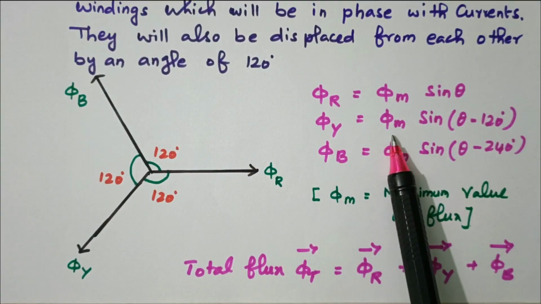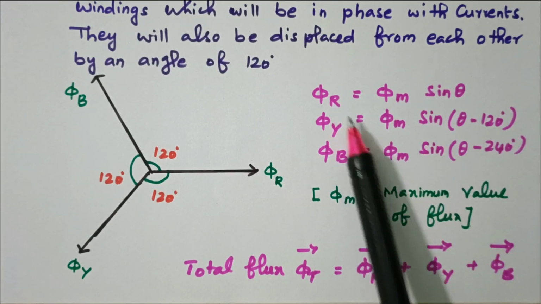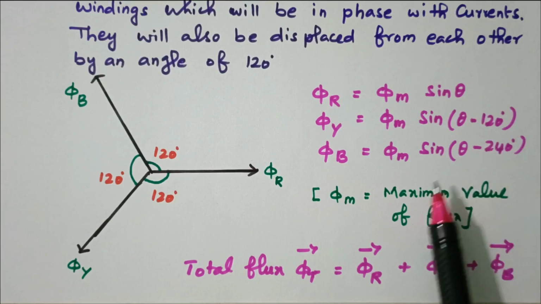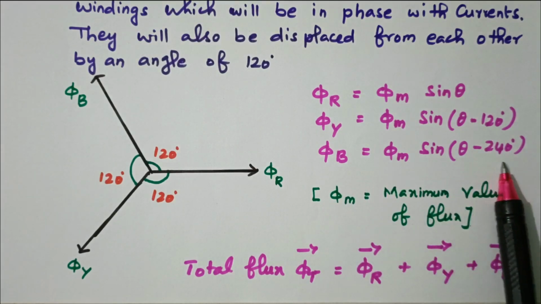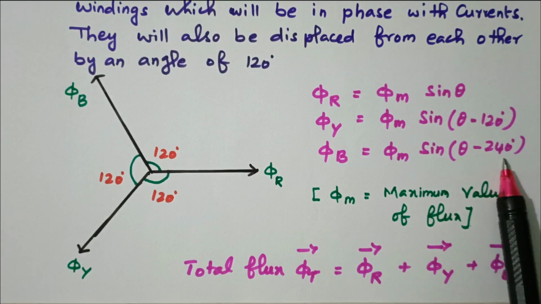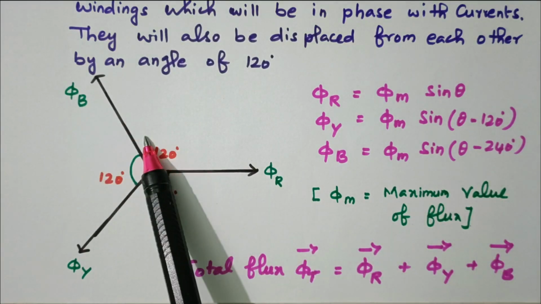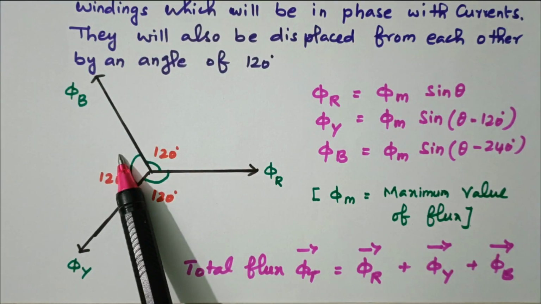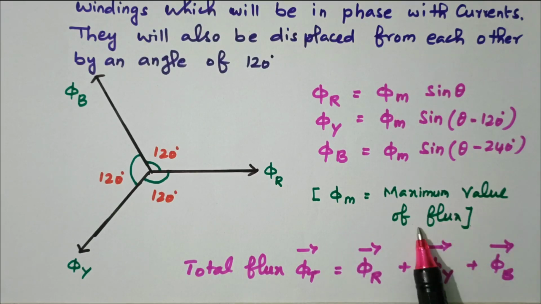Phi Y equals phi m sin(theta minus 120 degrees). Between R and Y there is a phase displacement of 120 degrees. Phi B equals phi m sin(theta minus 240 degrees). Between R and B, 120 plus 120, 240 degrees phase difference will be there. So phi m is nothing but the maximum value of the flux.